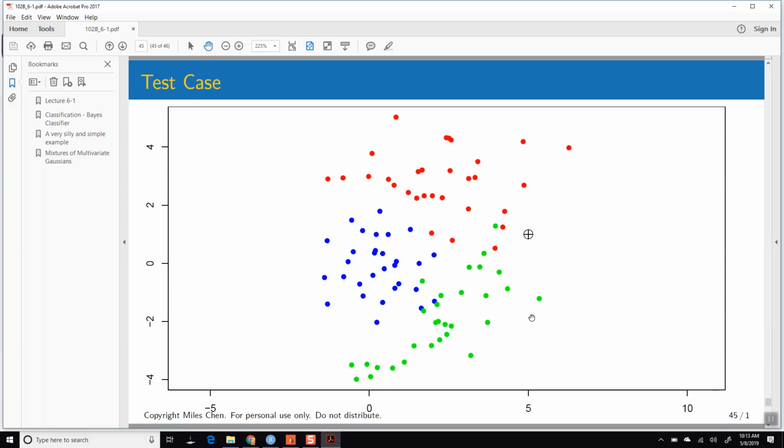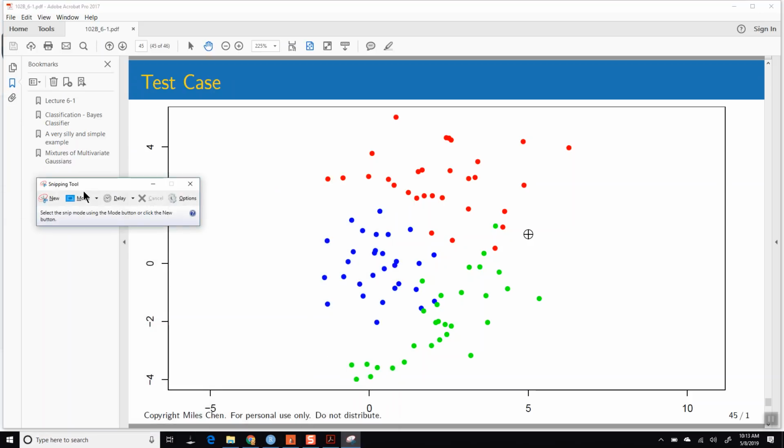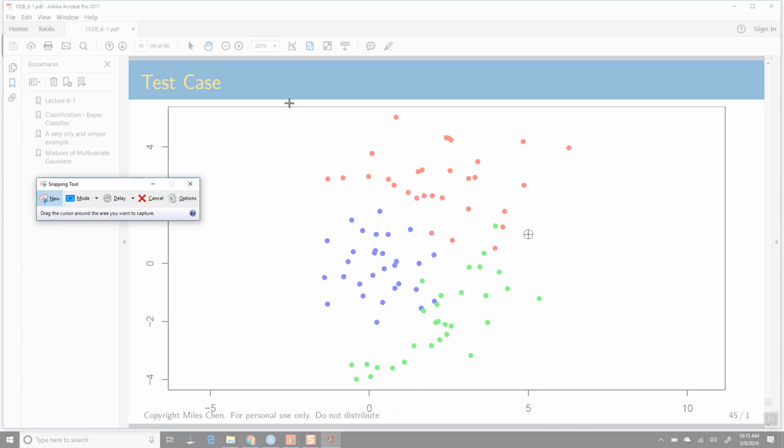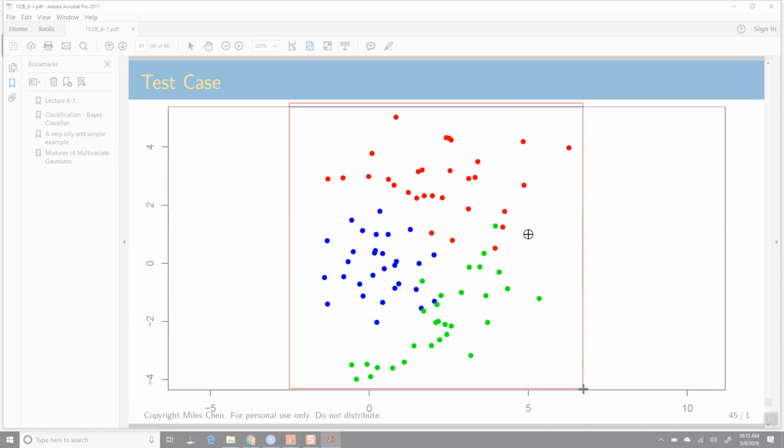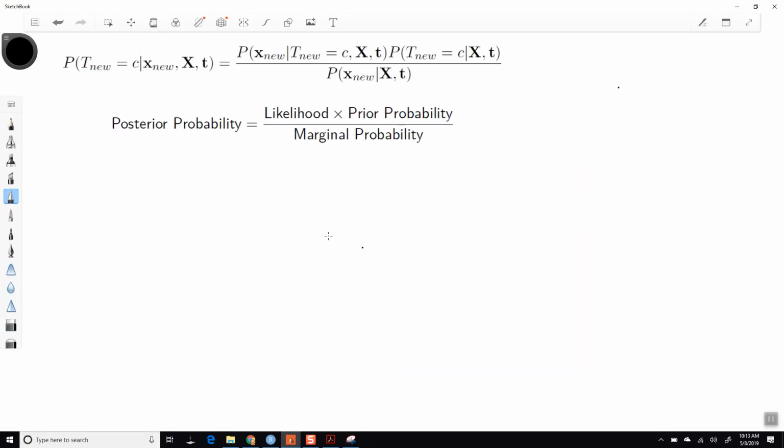Let me also copy this image. So here we did Gaussian distributions, multivariate Gaussian distributions.